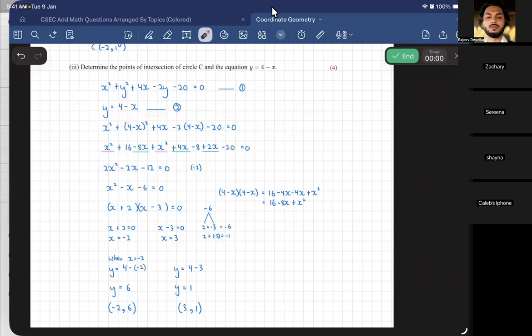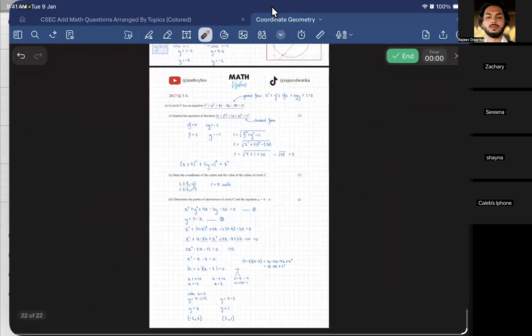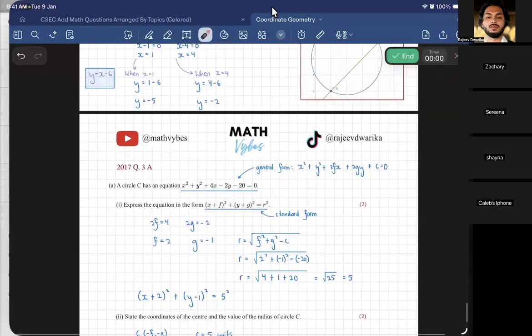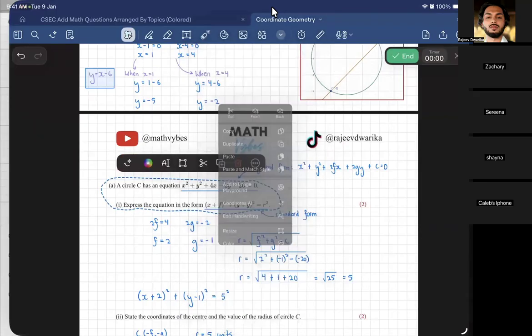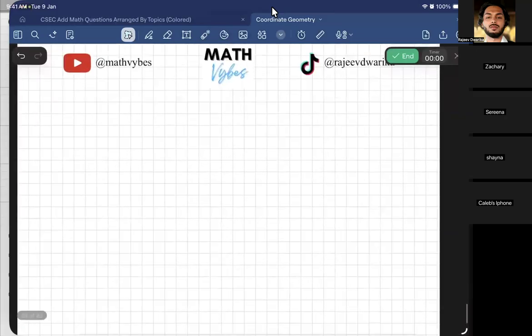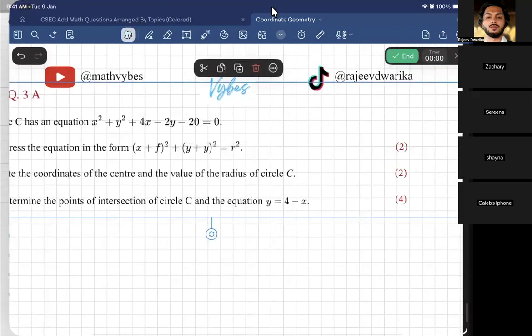I did leave out the -8. So I did get x squared minus x minus 2. That's a rookie mistake. Shina, you're better than this, you know.